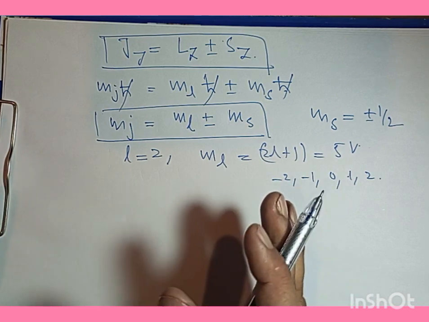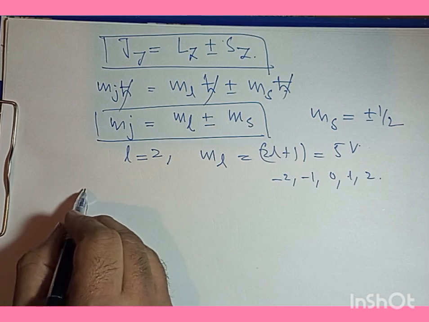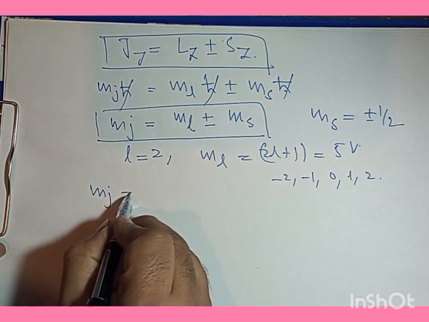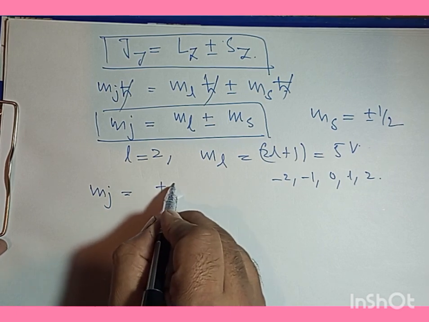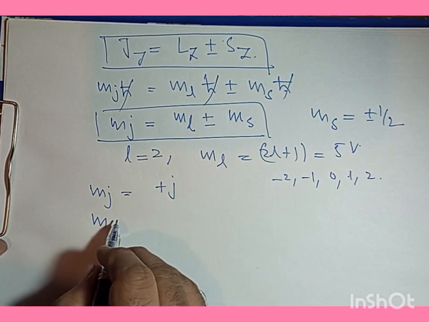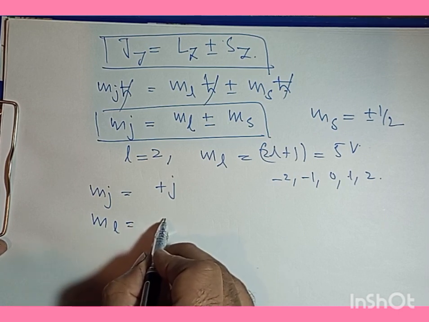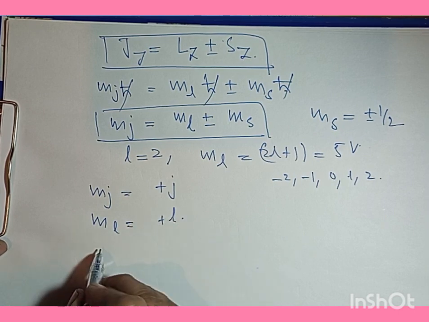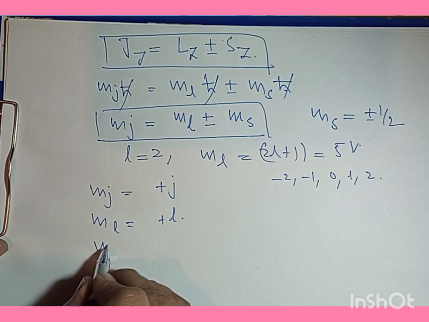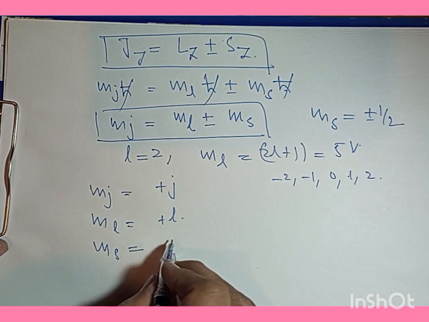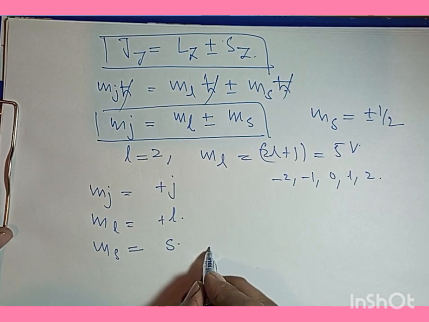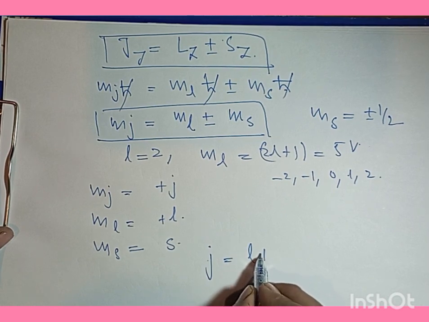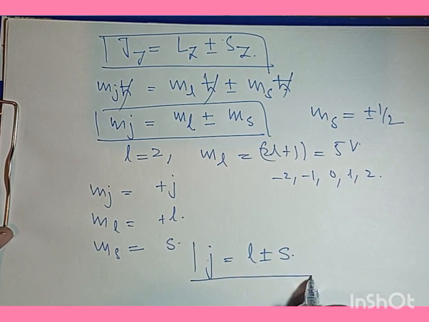What's the maximum value for mj? The maximum value for mj is certainly plus j. What's the maximum value for ml? Its maximum value is plus l. And what's the maximum value for the spin magnetic quantum number? That's equal to s. So this j that we have is l plus minus s.